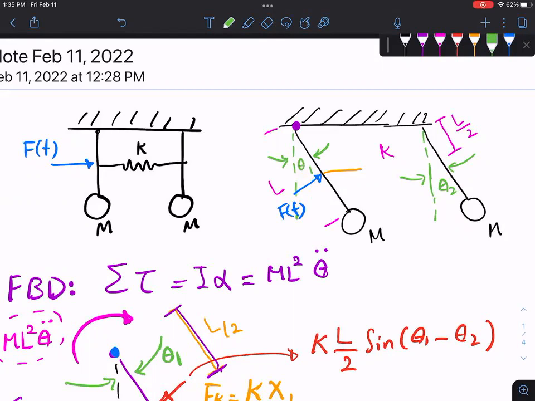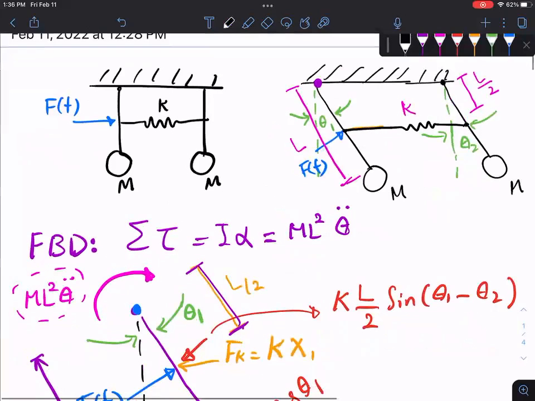All right. For this system, we know that the length of the rod is L, and the spring is attached at the halfway point of each. So the spring force is applied at L/2 distance from the pivot point. Now, we need to draw the free body diagram.